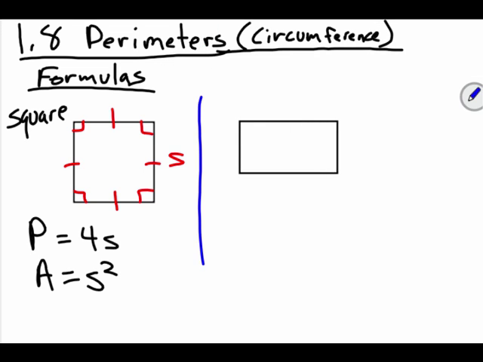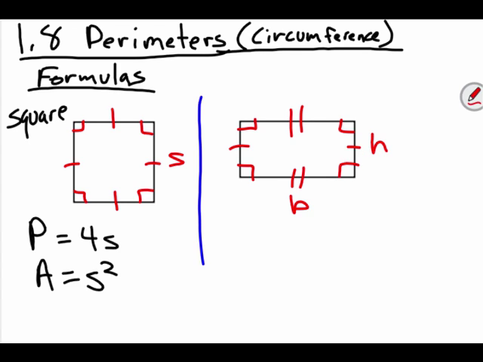Let's do a rectangle. A rectangle is kind of like a square. It has 4 90-degree angles, but it has 2 parallel line segments, but they're only 2 sets of congruent. Not all 4 of them are congruent, only 2 sets. And on this one, we sometimes refer to this as the height, and we refer to this as the base.